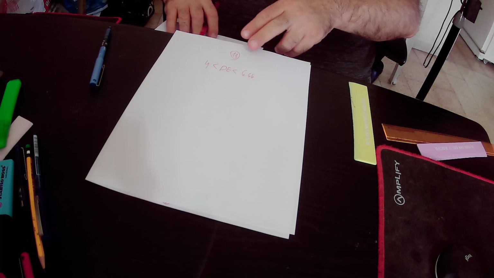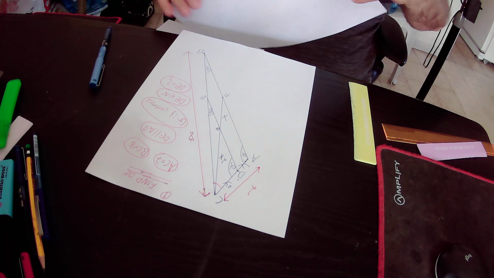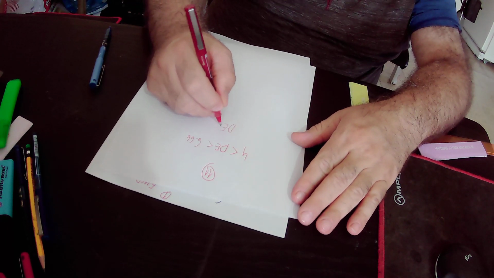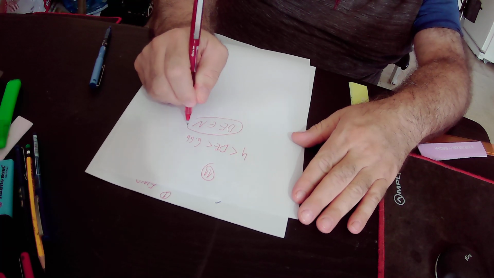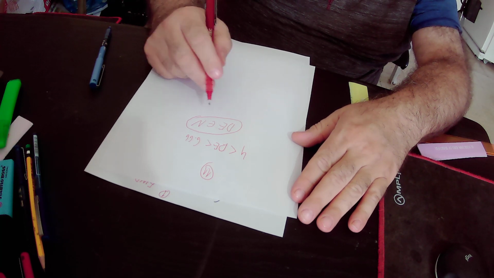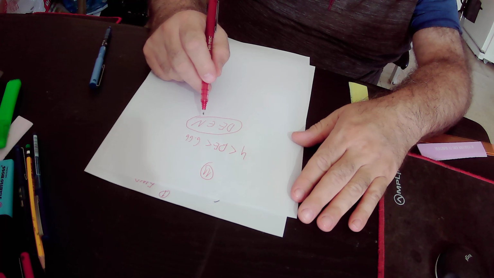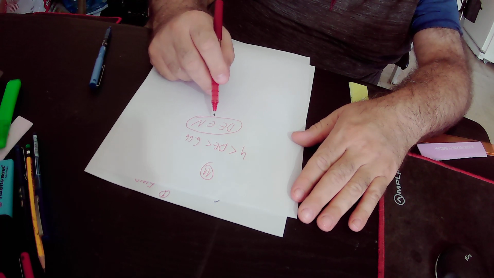But we also know, it is given in the question, that dE belongs to the natural numbers. So which natural numbers are greater than 4 and smaller than 6.66? The only two numbers that we have are 5 and 6.